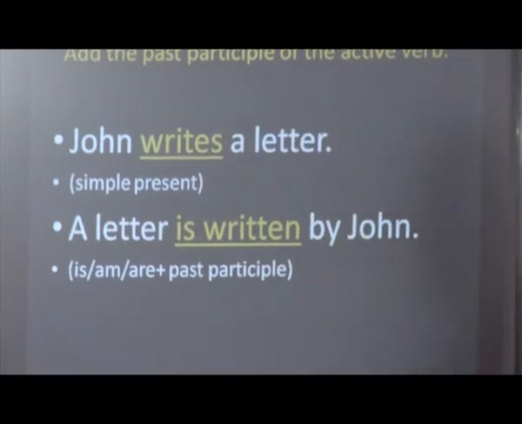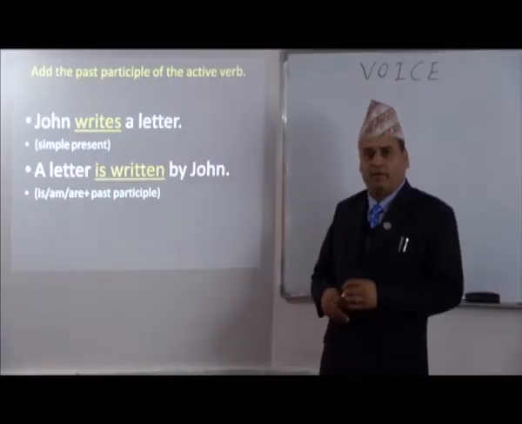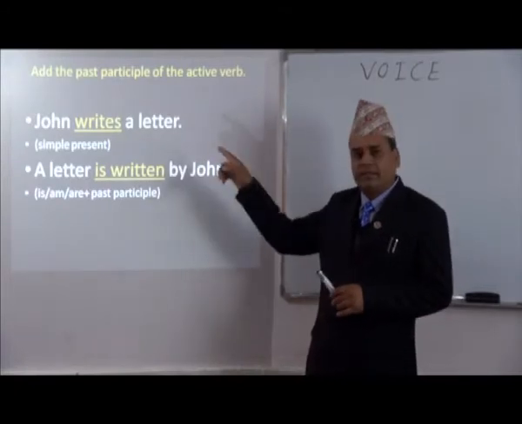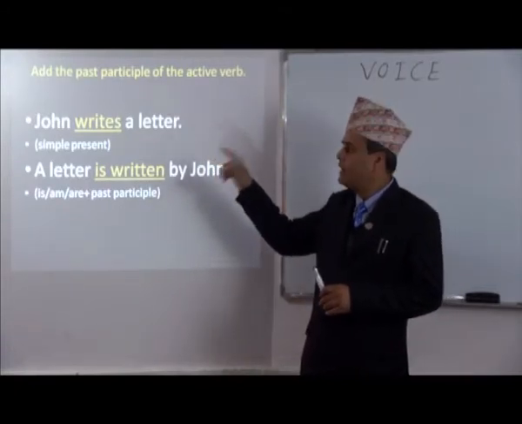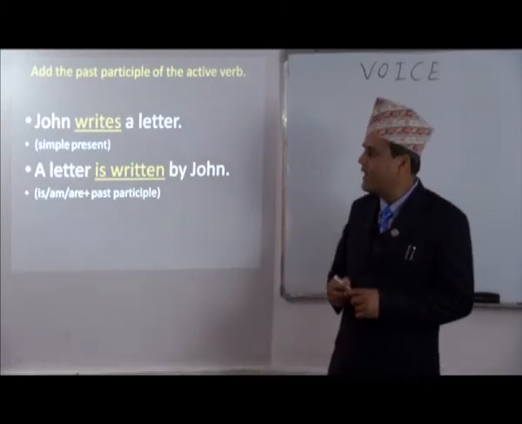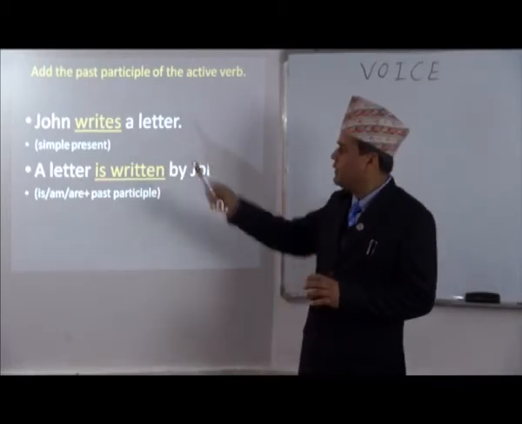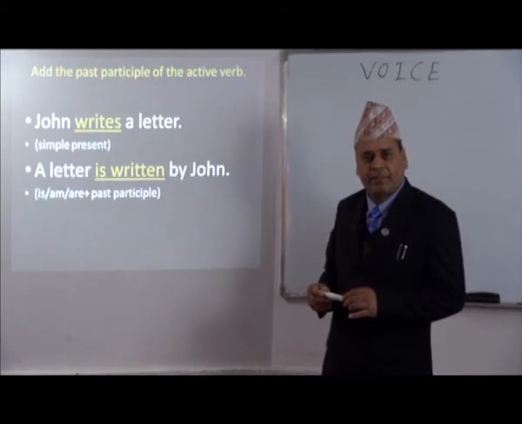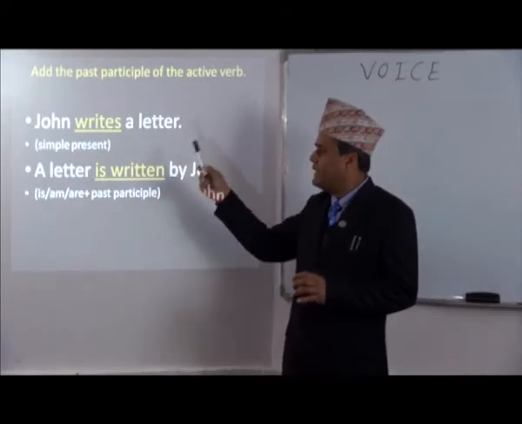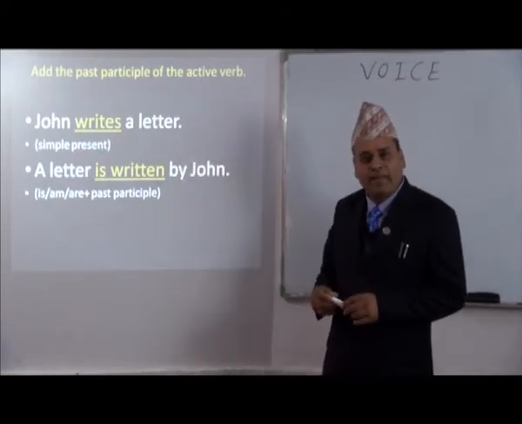In this sentence, John writes a letter. What we see is simple present tense, write is the verb. As John is singular, we are using writes. So let's change this sentence into passive voice.